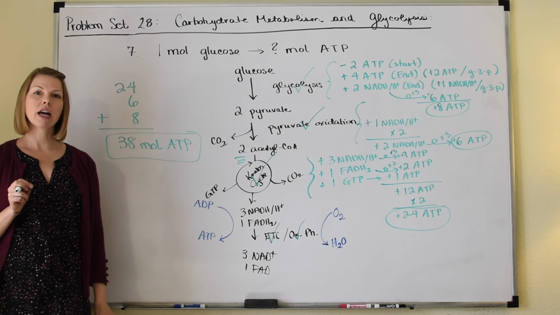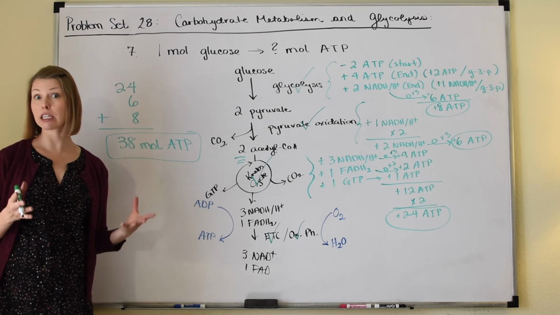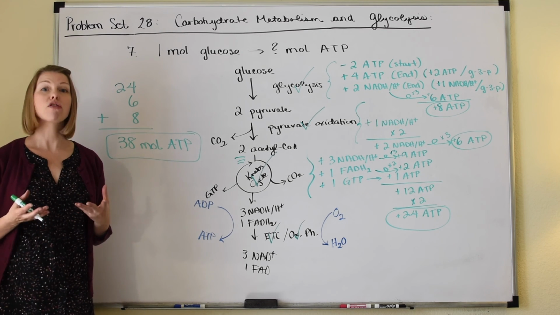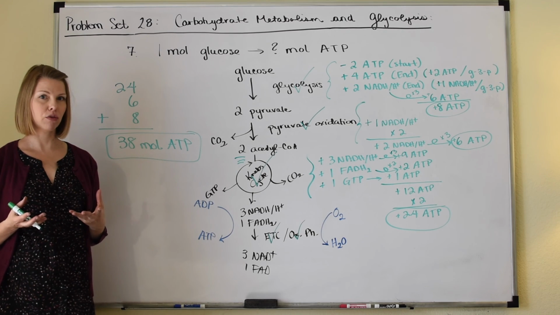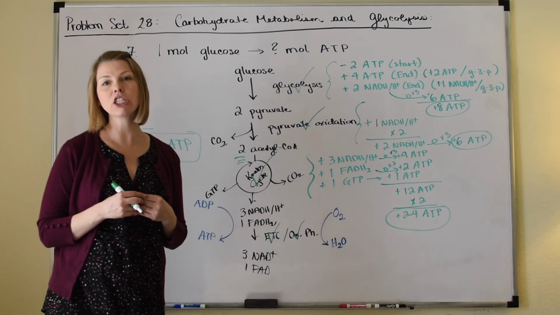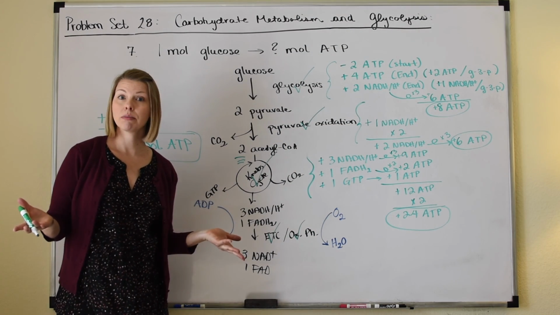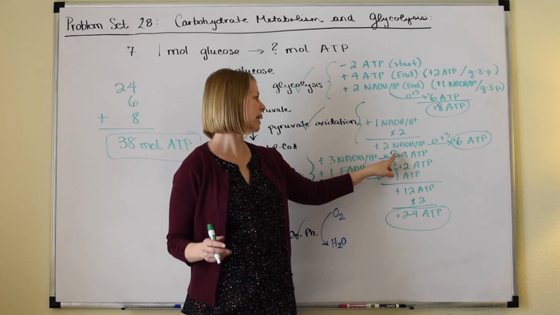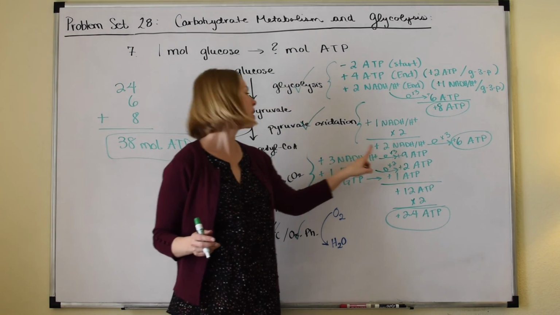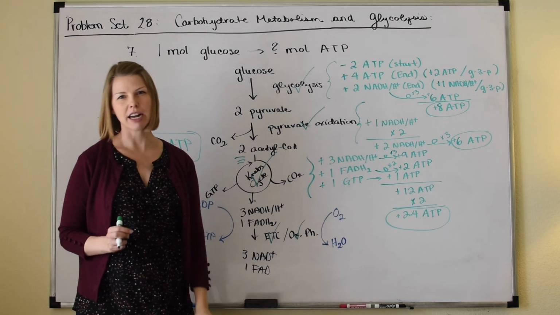So make sure that you understand if your instructor or your textbook is utilizing those actual ATP yields from the electron transport chain and oxidative phosphorylation. I myself, and the textbooks that I always use when I teach biochemistry, always use the max yield, which is 3 ATP for every 1 NADH reoxidized and 2 ATP for every 1 FADH2 reoxidized.